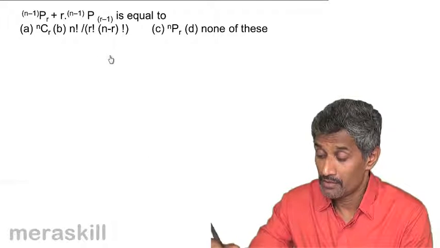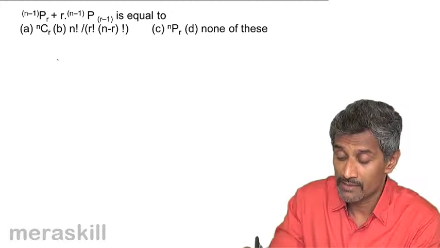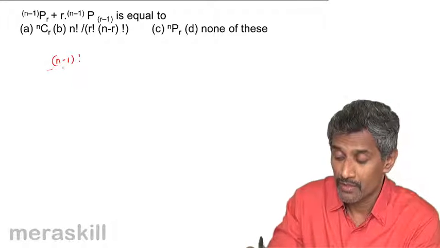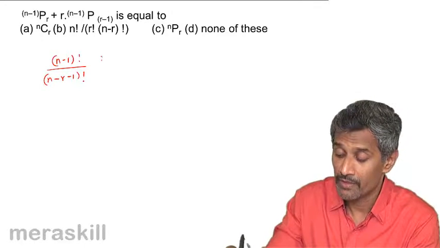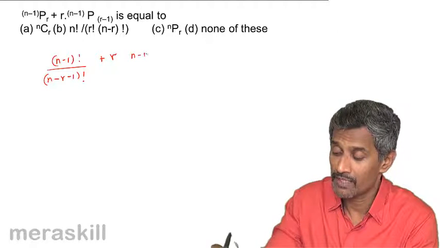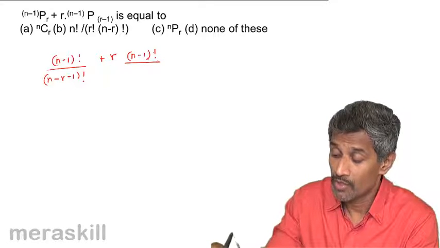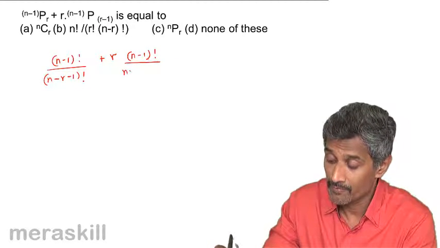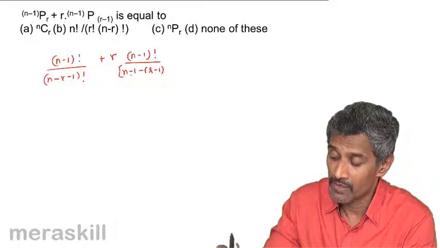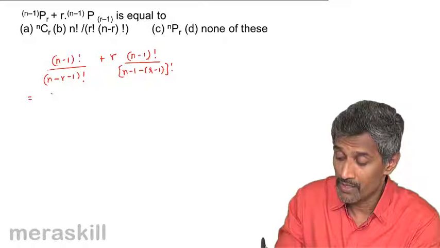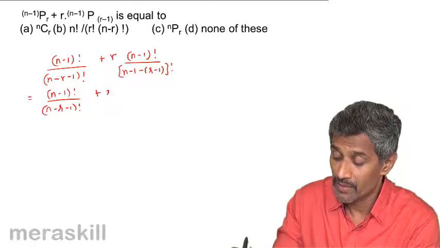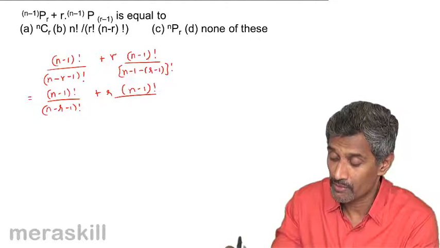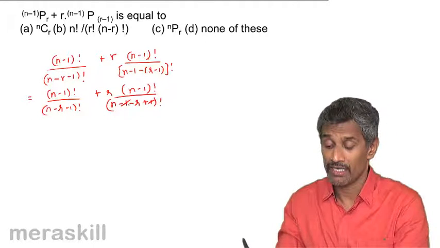Now, let's see, (n minus 1)Pr is nothing but (n minus 1) factorial upon (n minus 1 minus r) factorial, which can be written as (n minus r minus 1) factorial, plus r times (n minus 1) factorial upon (n minus 1 minus (r minus 1)) factorial, which will turn out to be (n minus 1) factorial upon (n minus r minus 1) factorial plus r times (n minus 1) factorial upon (n minus 1 minus r plus 1) factorial. This gets cancelled. It's eventually n minus r.